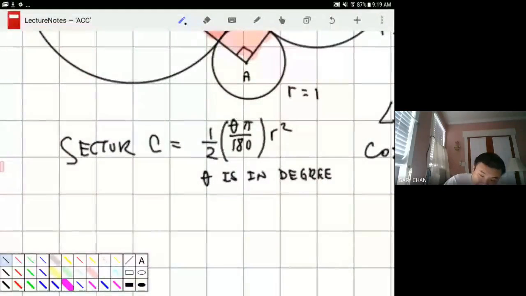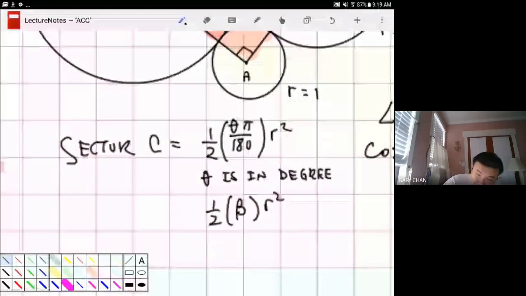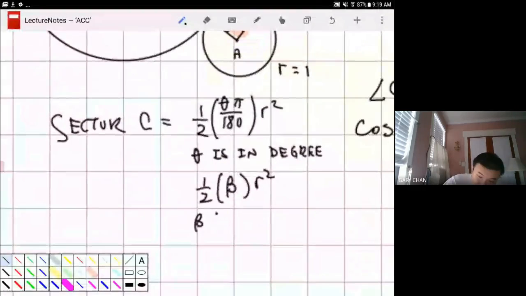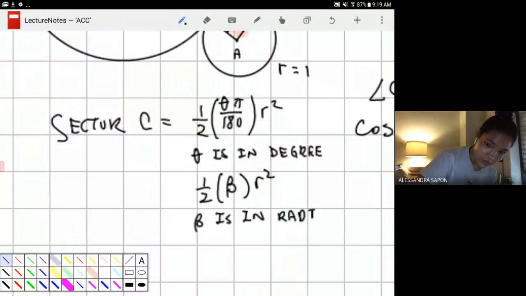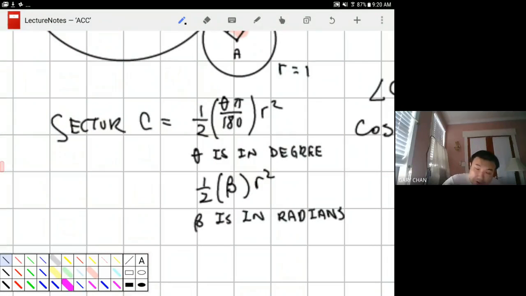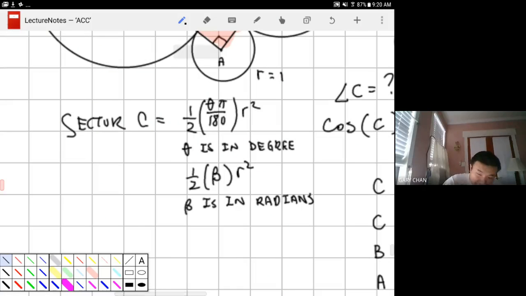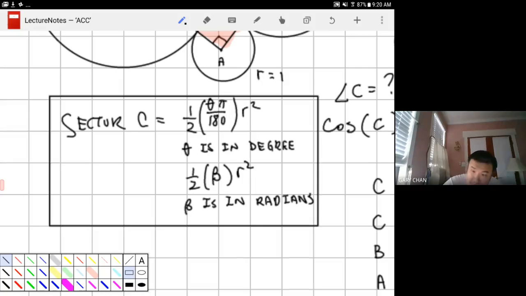And then there was another formula, which is 1/2 theta times r squared, where theta is in radians. So just keep that in mind if ever you are problem solving. But yes, certainly setting a proportion will get you to the same place.